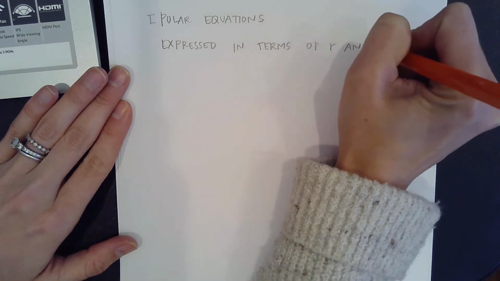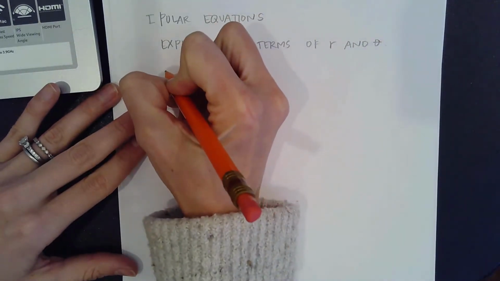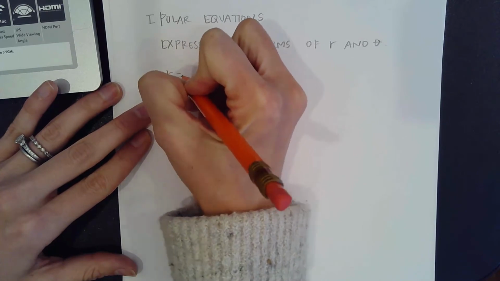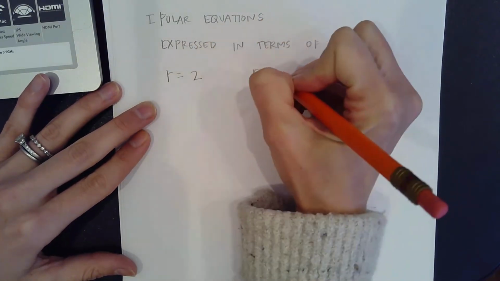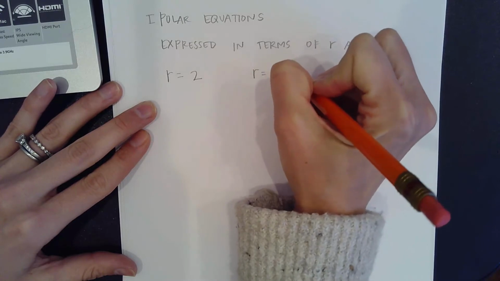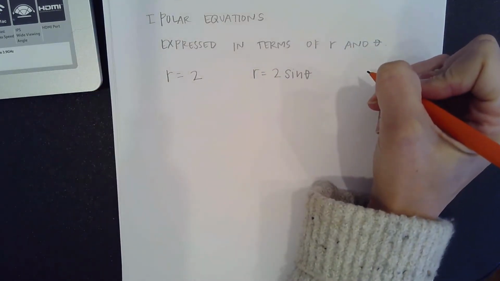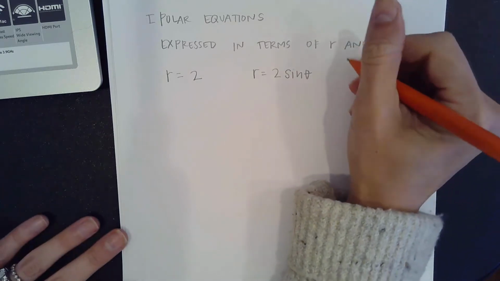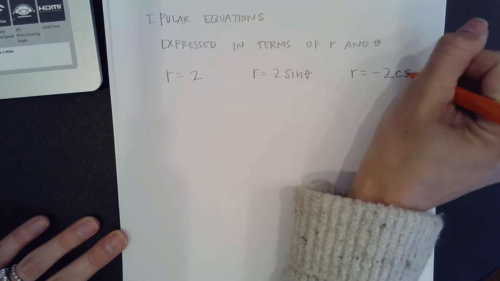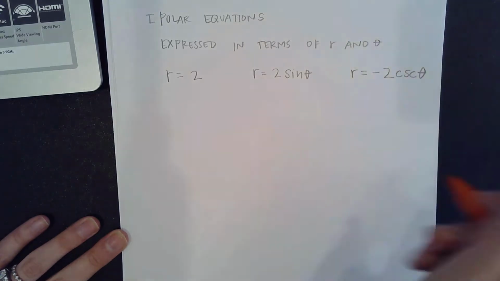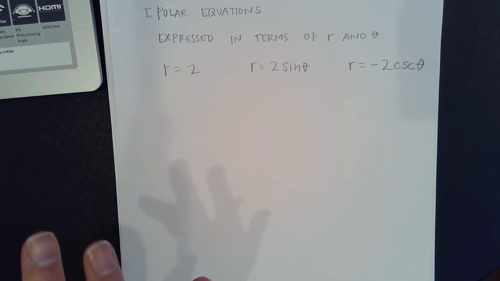So that's how you know that it's going to be a polar equation. Some examples of polar equations are r equals 2, r equals 2 sine theta, and then r equals even like a -2 cosecant theta. So those are all examples of polar equations.